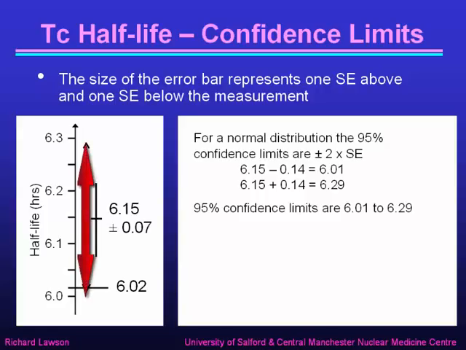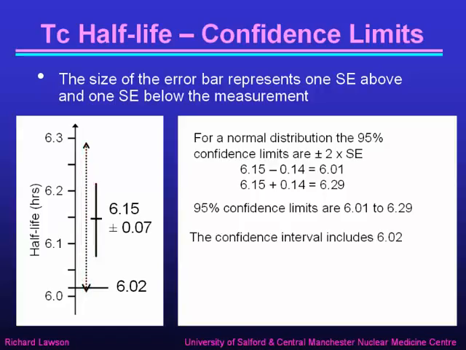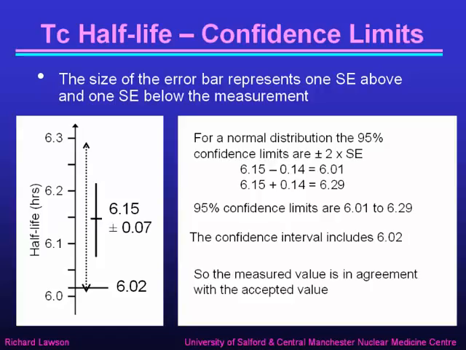So our 95% confidence limits extend from 6.01 to 6.29, and that does just include the true value of 6.02. So the measured value is in agreement with the accepted value. 6.02 is within our 95% confidence limit.